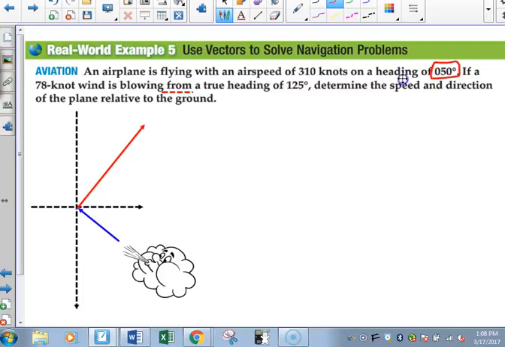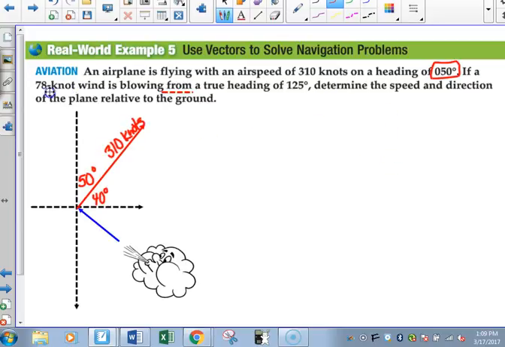Yes, with a heading of 050, there's a 50-degree angle here. Everybody okay? So this would be 40, yes? Some geometry at work here. All right, and that was 310 knots.